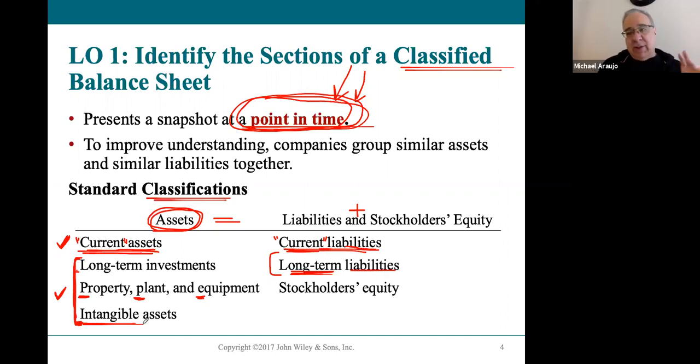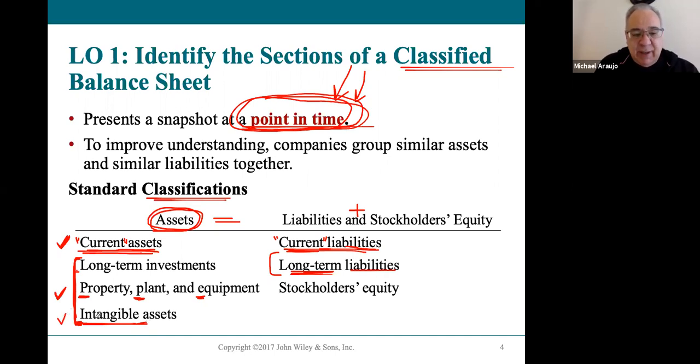Those are intangible assets, and they're critically important to companies, particularly today, because that's how they make a living. Google exists on intangible assets, on their patents and copyrights. That's their entire business. So is Disney. So it's an important asset.